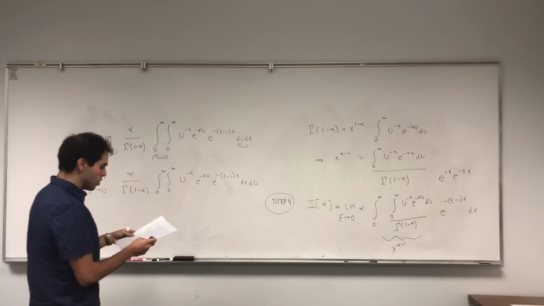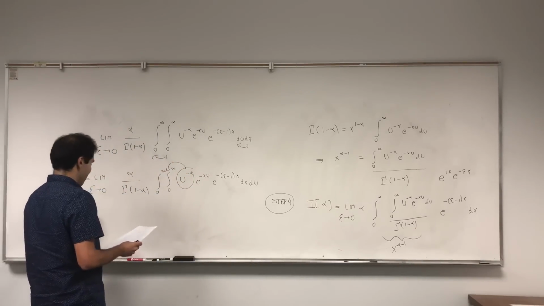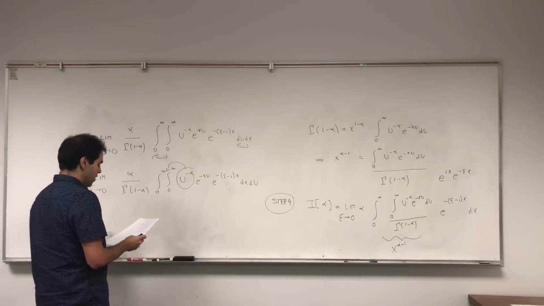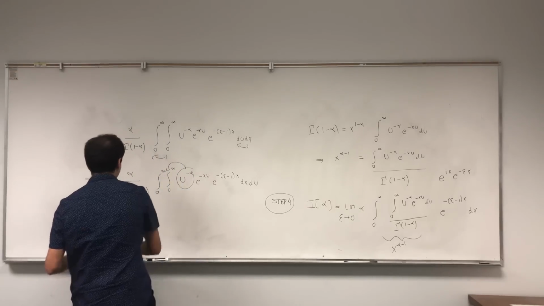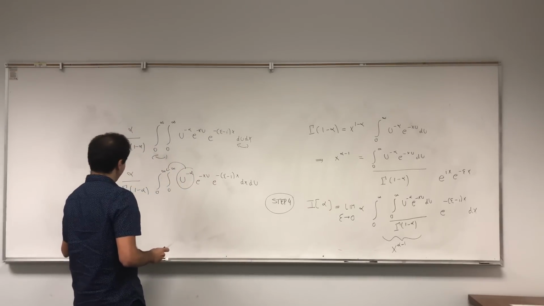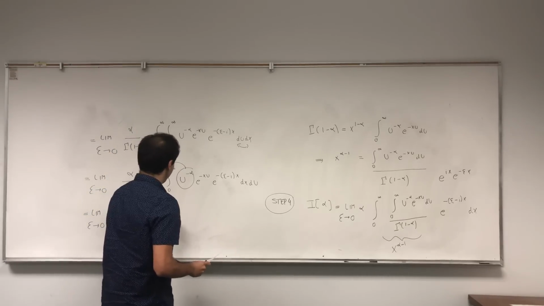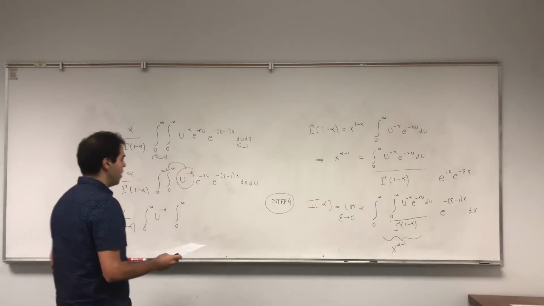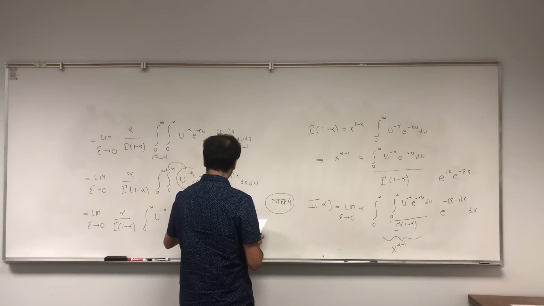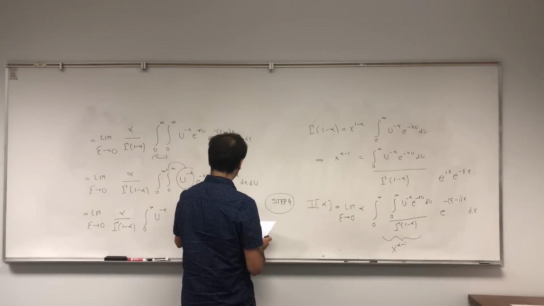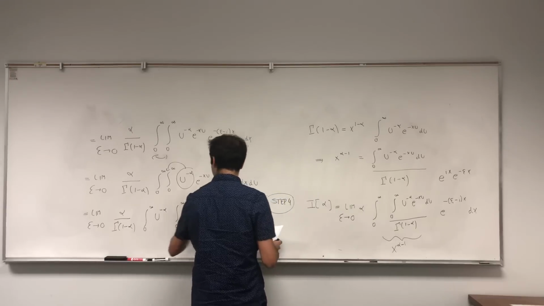And notice a lot of the terms go outside. I mean, one, which in this case is a lot. So we're left with the limit as epsilon goes to 0 of alpha over gamma of 1 minus alpha, integral from 0 to infinity, u to the minus alpha, integral from 0 to infinity of a very nice term, e to the minus (u plus epsilon minus i) x, dx, and then du.